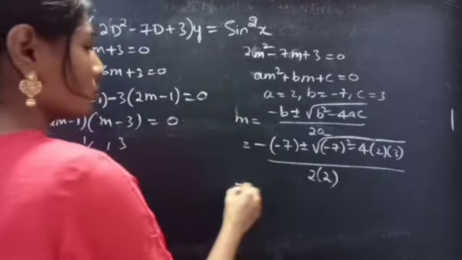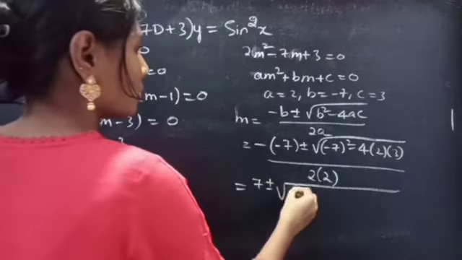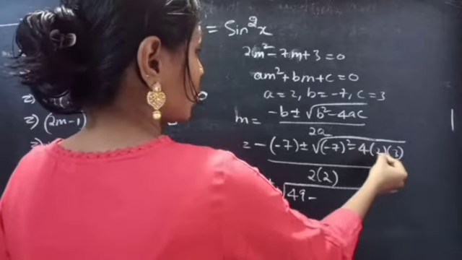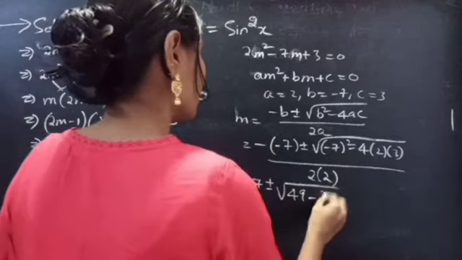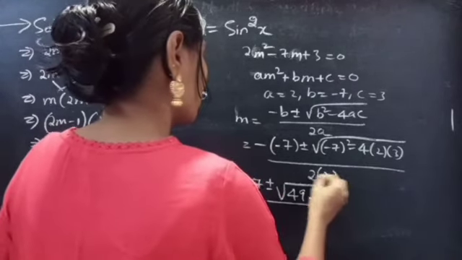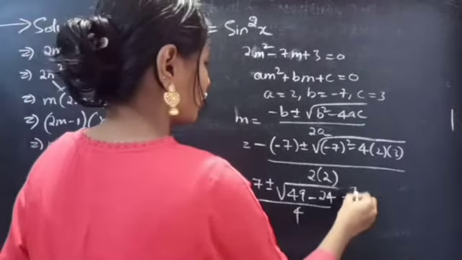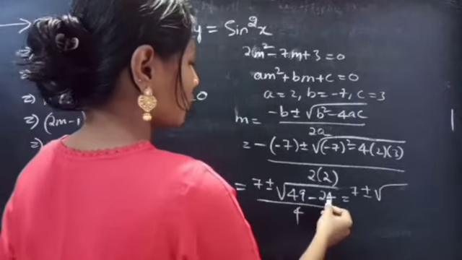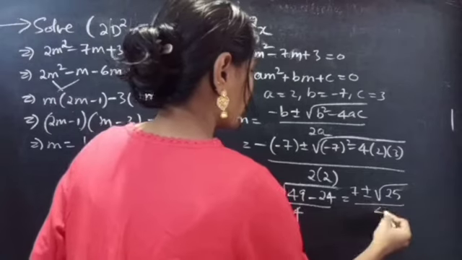That equals 7 ± √(49 − 4 × 2 × 3) by 2 times 2, 2 fours are 8, 8 threes are 24, by 4, which equals 7 ± √(49 − 24) = √25 by 4.